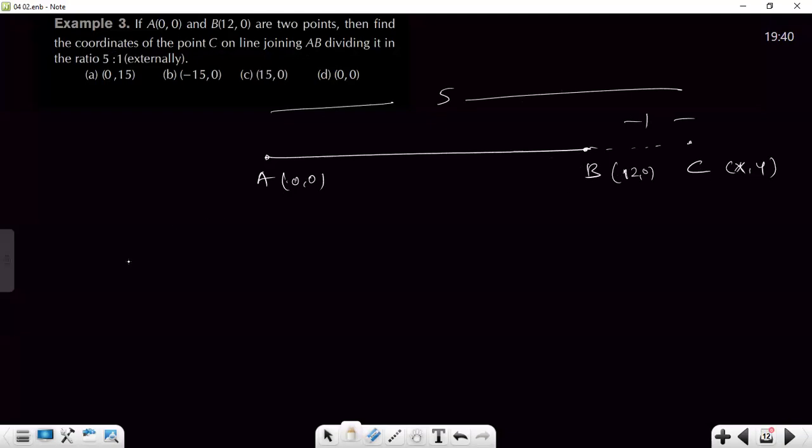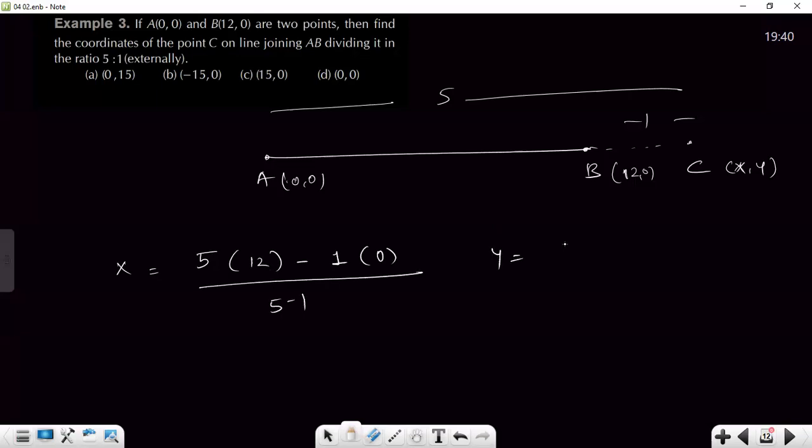We know the formula of X: M1 X2, that is 12 here, minus M2, that is 1 here, into X1, that is 0 here, upon M1 minus M2, 5 minus 1.